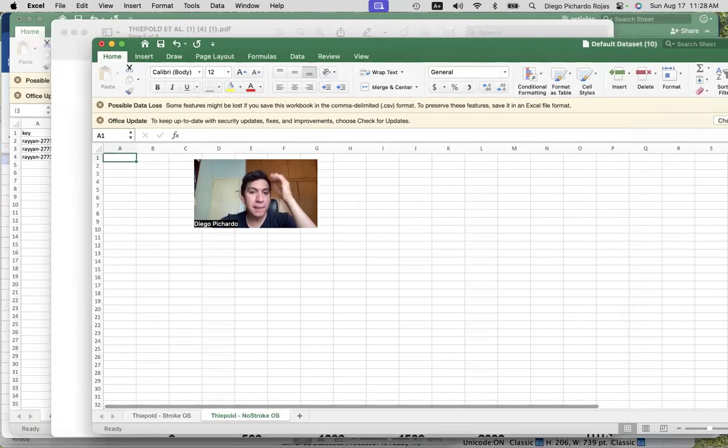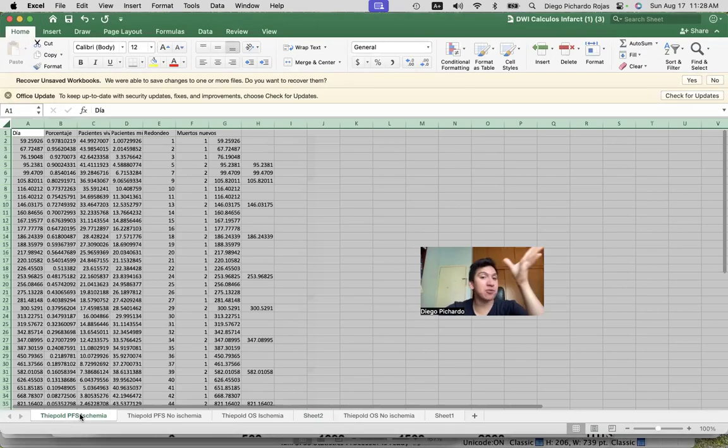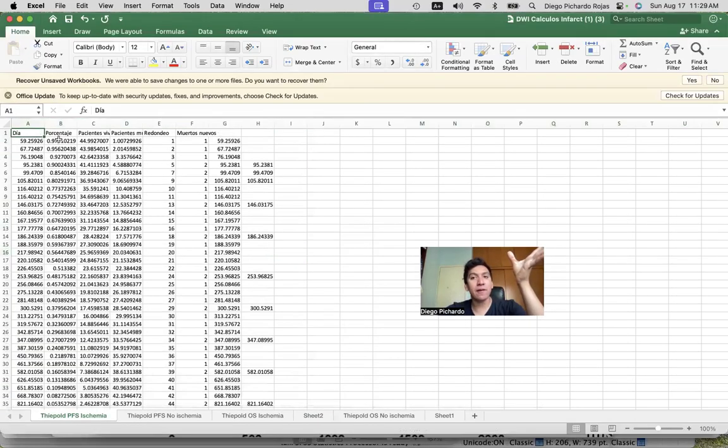What I just passed you guys is one of the graphs where I extracted all of these components for this stroke study. I'm just going to translate this to English. So this will be days. This was percentage of population. This is patients alive.